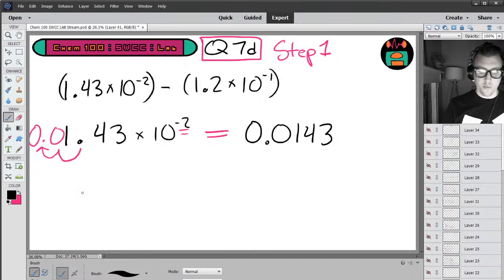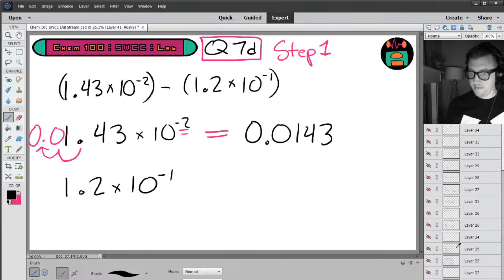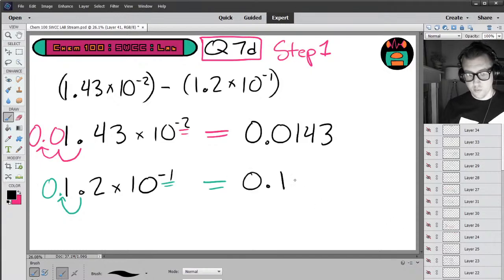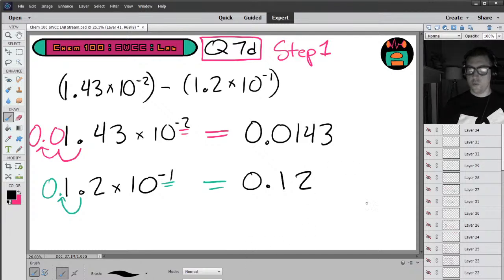Let's do the same thing with 1.2 times 10 to the negative 1. Here we got to take this decimal place and roll it over by 1 space. So this is equal to 0.12.